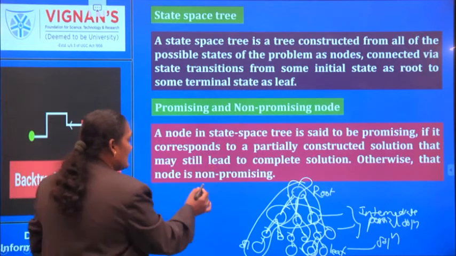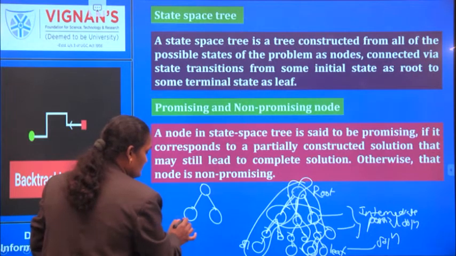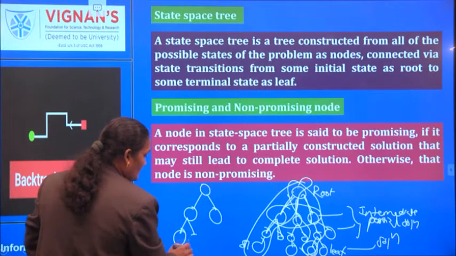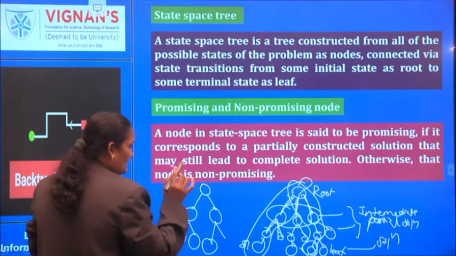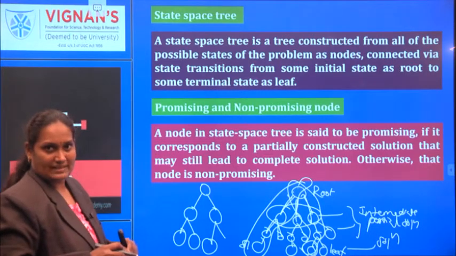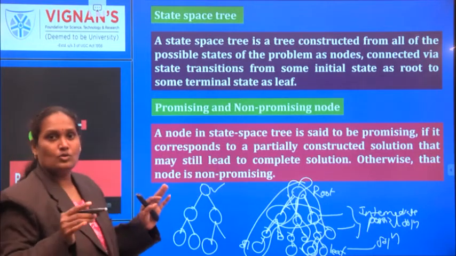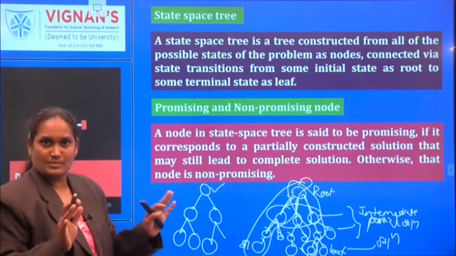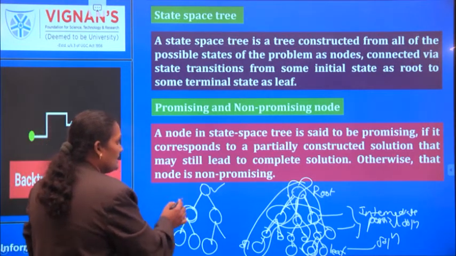Suppose I constructed a state space tree like this. Now here, this node is a promising node. The root node always becomes the promising node. Now from the root node, first I constructed this node.